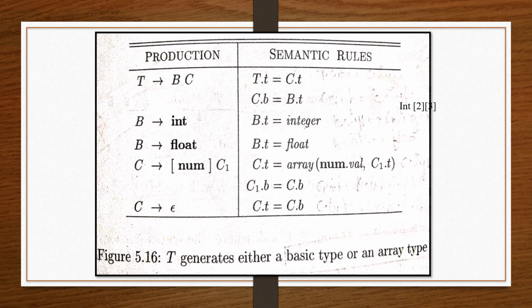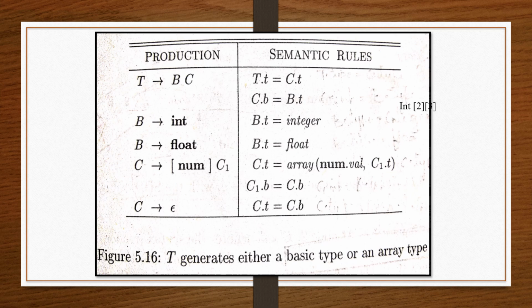T generates a basic type when T derives BC. Look at the first production, T derives BC and C derives epsilon. Otherwise, C generates an array component consisting of a sequence of integers, each integer surrounded by brackets.